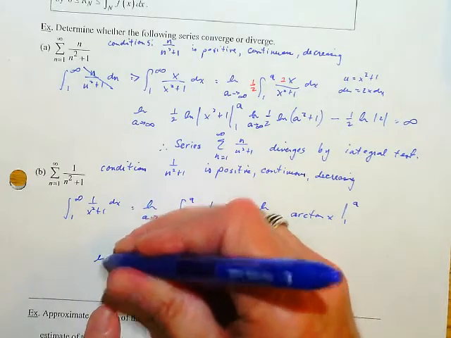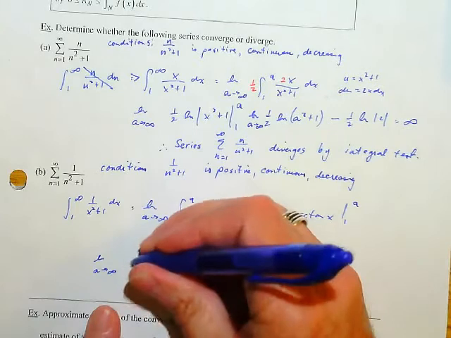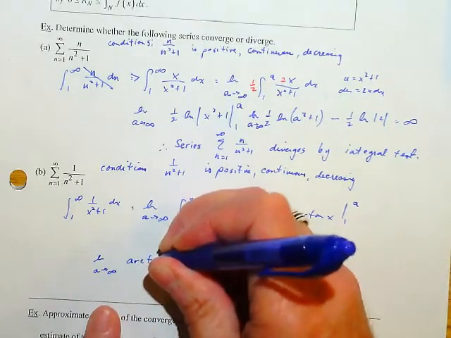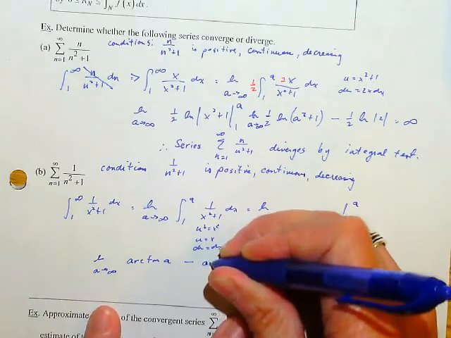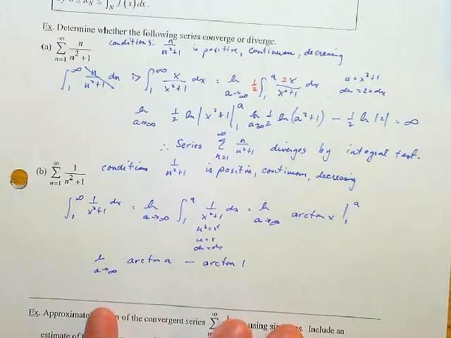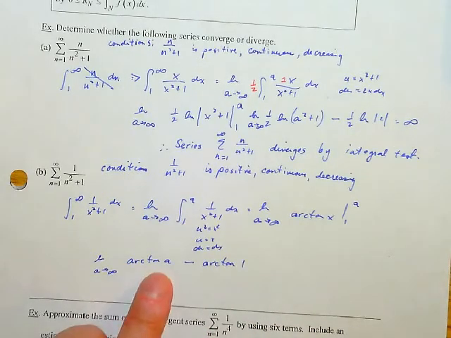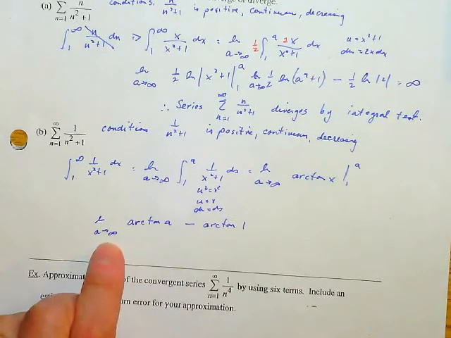Well, that means the limit as a approaches infinity of arctan of a minus arctan of 1. Not all of these are going to be infinity, right? In fact, it's asking you what angle has a tangent of positive infinity.